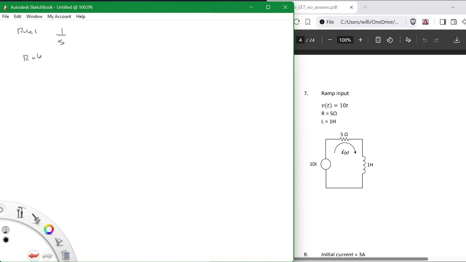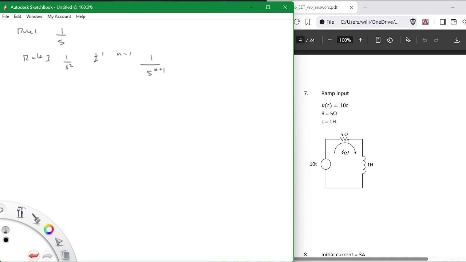Rule 3 is with the t, it's 1 over s squared. Okay? Everybody understand that? If t to the 1 is your variable, n is 1, and the conversion of that is 1 over s to the n plus 1, or 2.